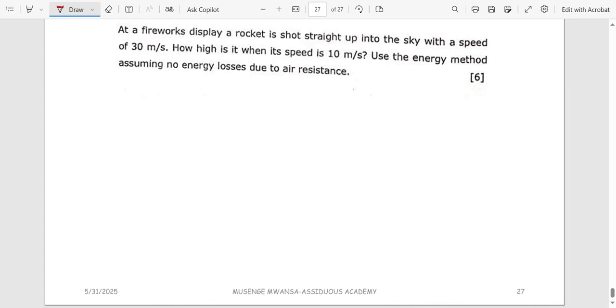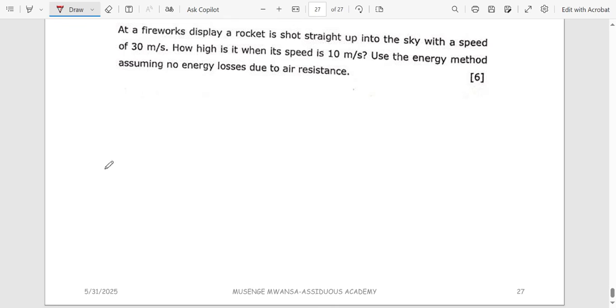At a fireworks display, a rocket is shot straight up into the sky with a speed of 30 meters per second.